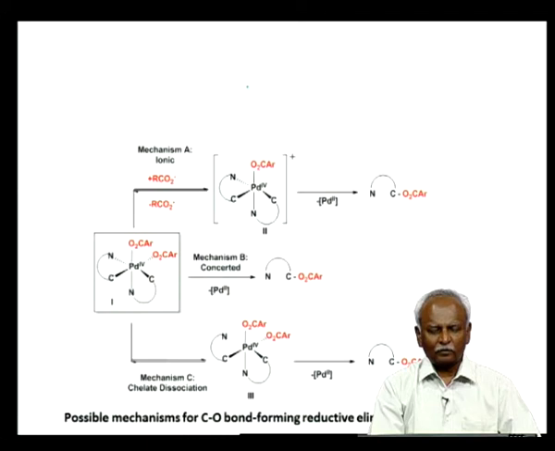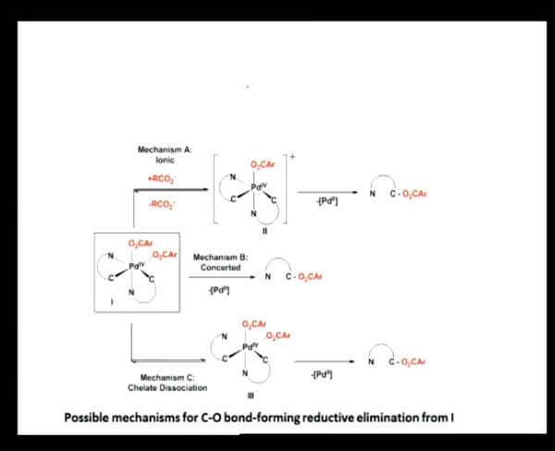So, if you go back to this general scheme, you notice that the first step is in fact generation of a coordinatively unsaturated intermediate, then you have CO coupling.